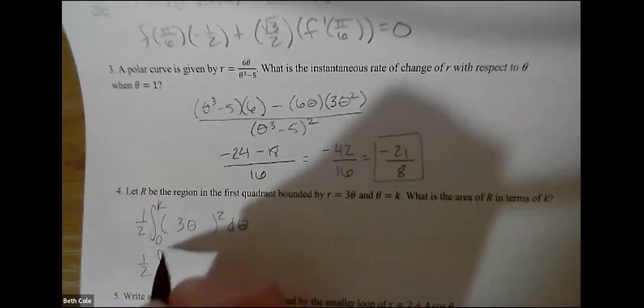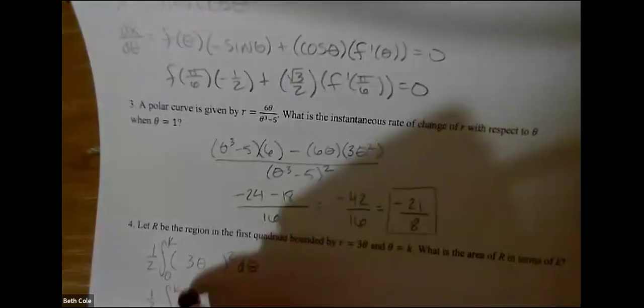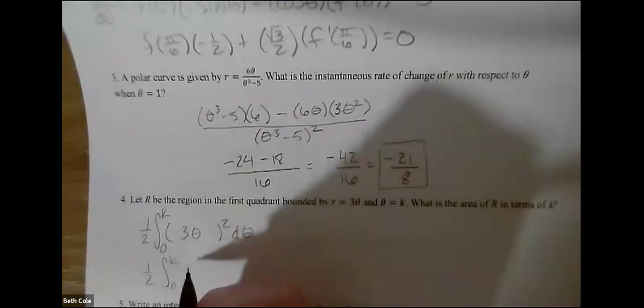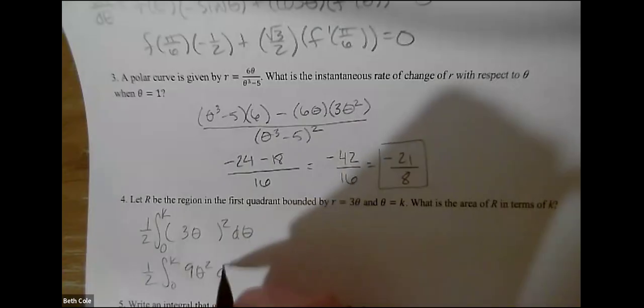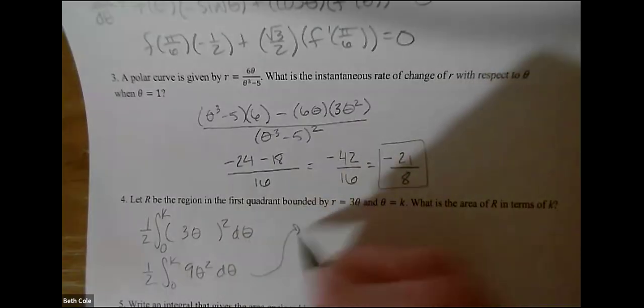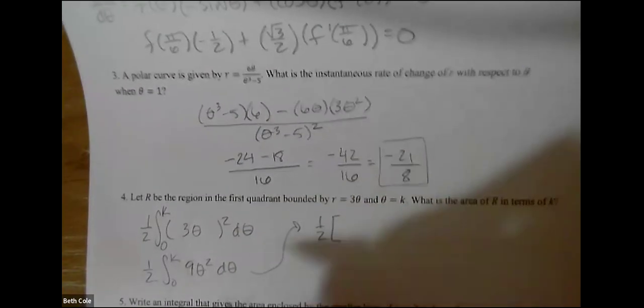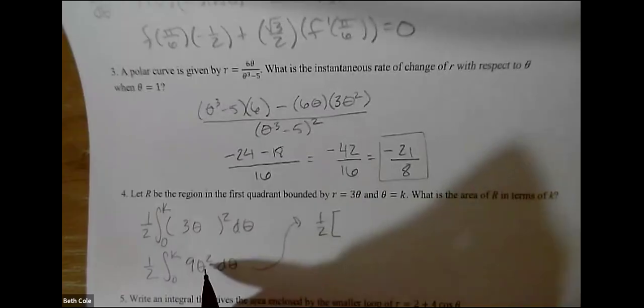So if we square that, I'm just going to leave that parenthesis. It's going to be 9 theta squared d theta. And then we're going to do our antiderivatives, the 3 theta cubed, such that 0 to k.